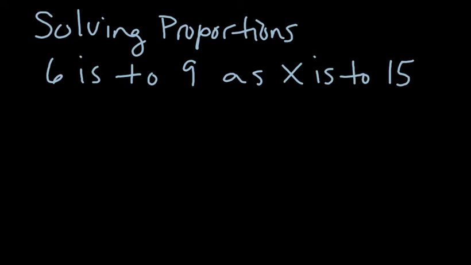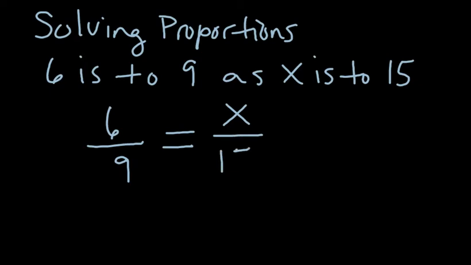Solving proportions. Here's a proportion. Let's go ahead and write it as a proportion first, and then we'll solve it. So 6 is to 9 as x is to 15. To solve it, we're going to cross multiply. Now, this is a little bit different than cross multiply up, and you'll see why in a minute.